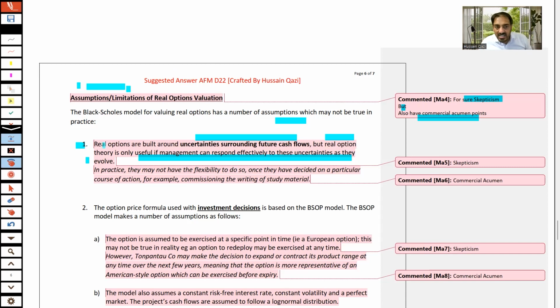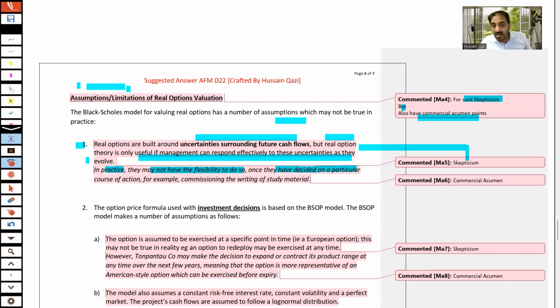But the point is that this is the explanation you have made for skepticism. Okay, these are the normal points of skepticism. Normally students know them. But if this is connected with the case, this is the point. In practice, there may be a possibility of not being so flexible. Management will not respond accordingly.